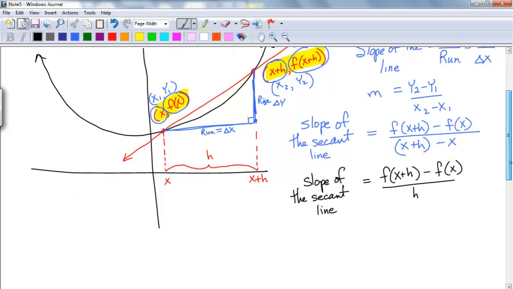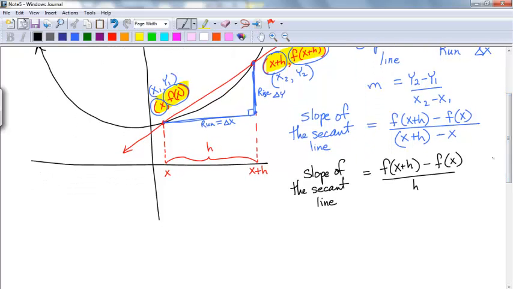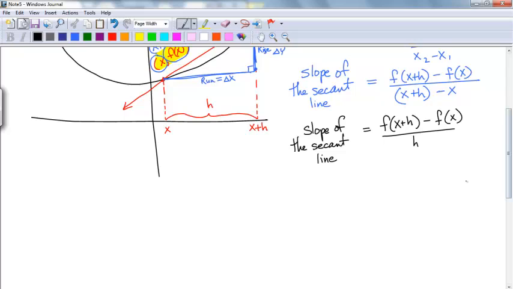So go back. Now we've got the slope of the secant line. Now we want to get to the slope of the tangent line, and that is what they call the derivative. The derivative is a function, and in Calc, we use the apostrophe, and you read it f prime of x.